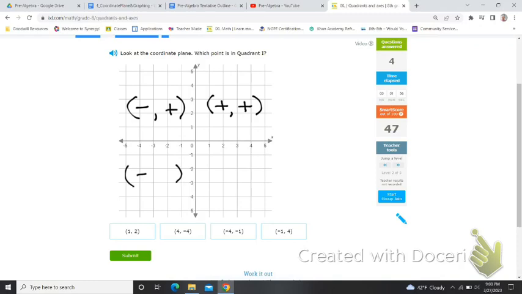Here, both x and y are negative, and here, x is positive, y is negative. Now you should be able to find which one, regardless, but if you have that written down, then you could probably make the choice pretty easily without actually finding the points on the graph.